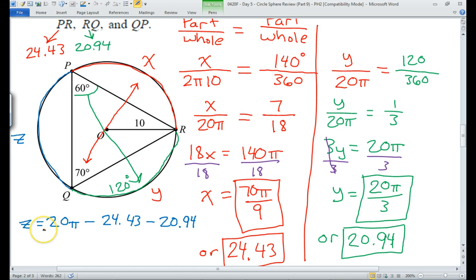Just put all that in your calculator and see what we get. Okay, this turns out to be 17.46. And that's the remaining length. Okay, that's how you could find all three arc lengths.